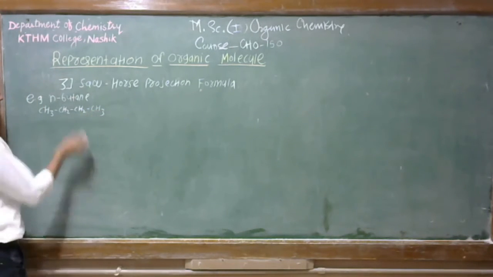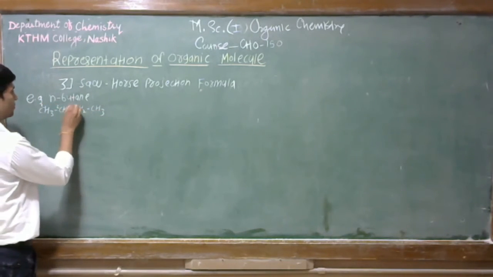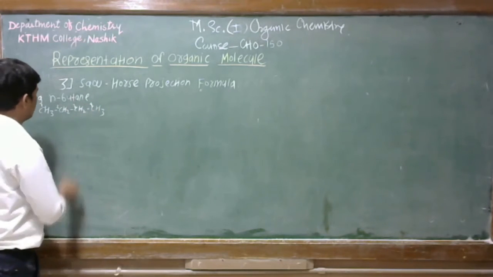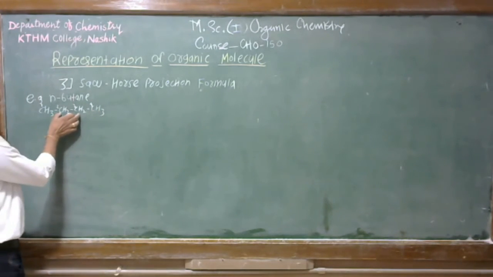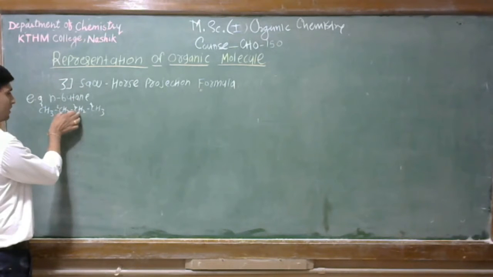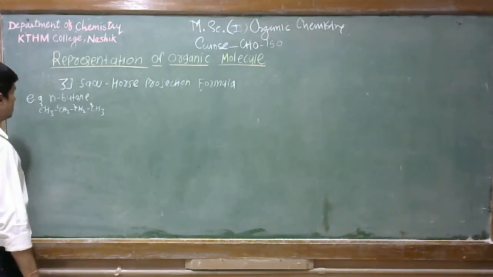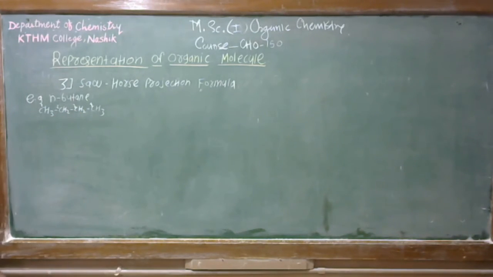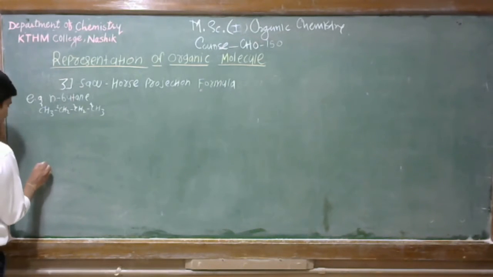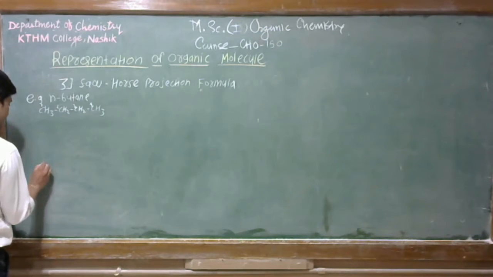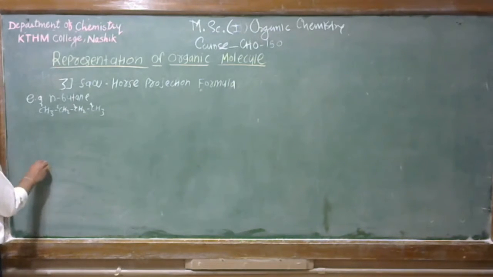If we number the carbon atoms, this is 1, 2, 3 and 4. The adjacent two carbon atoms here are carbon number 2 and carbon number 3, on which we can show the stereochemistry. So firstly, if this is carbon number 2, we can say there are 4 groups.